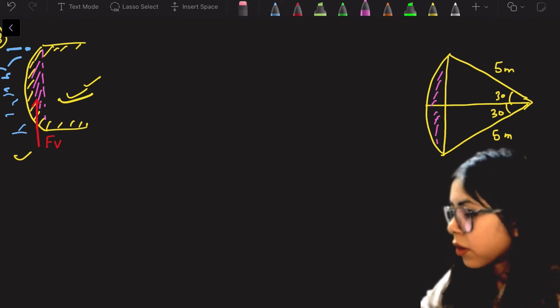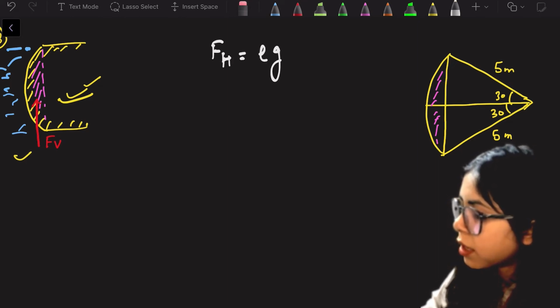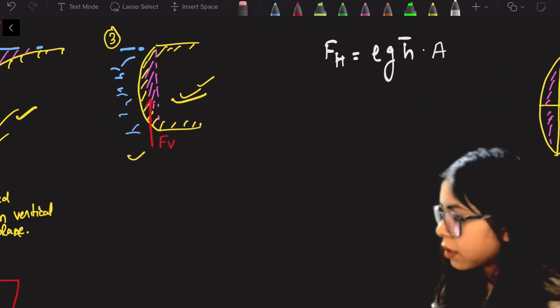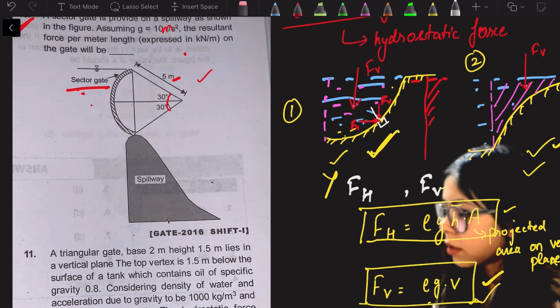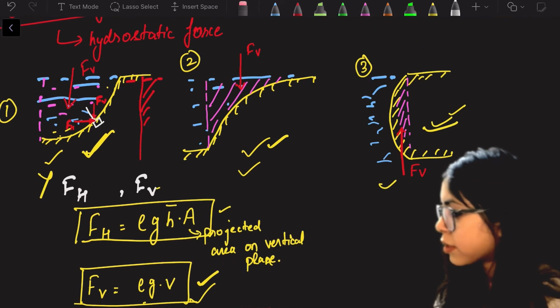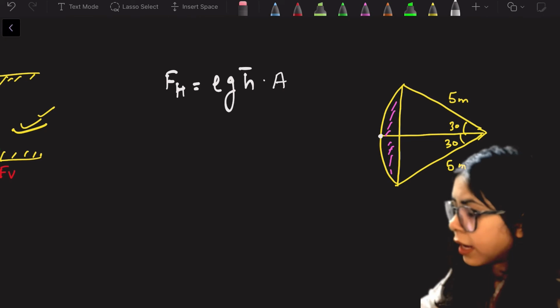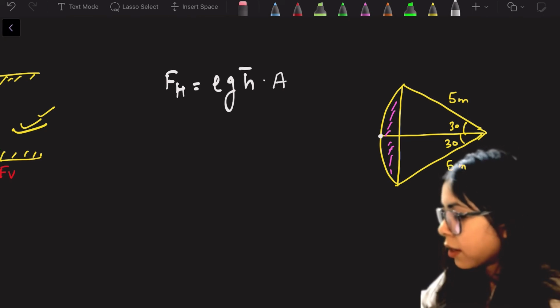Let's say first I am calculating horizontal force F of H, that will be nothing but rho g H bar into area. Now see, H bar is what? Height is from the free surface on the top of this gate, right? And so the H bar will be the distance to the centroid of this sector. Centroid will act on the center, so that distance I have to calculate.